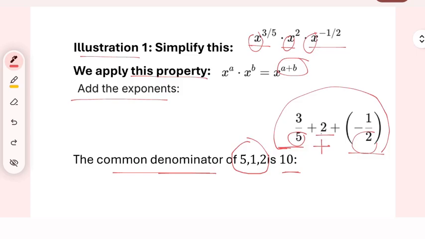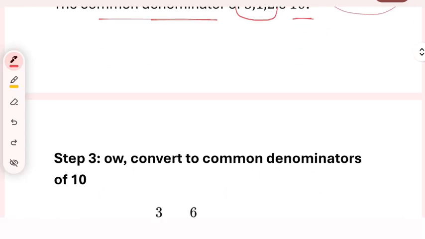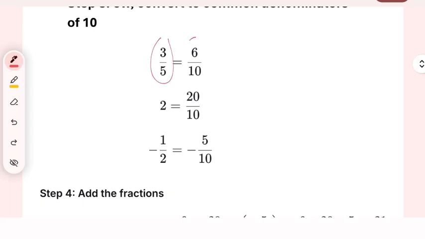So we will convert each into a fraction with a denominator of 10. 3/5 becomes 6/10. Why? Because we multiply it by 2 so that the denominator is 10. 5 times 2 is 10, 3 times 2 is 6. And the second one was 2, or 2 over 1. How do we make it a fraction with a denominator of 10?